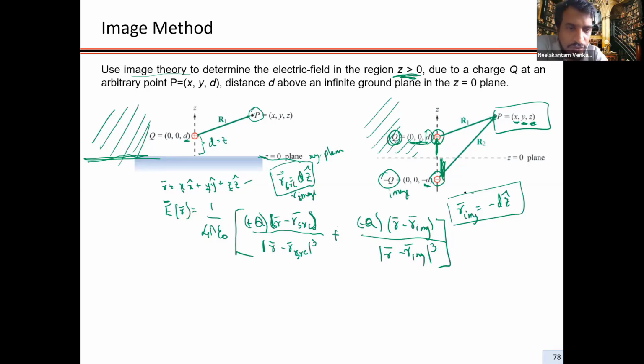So you can go ahead and substitute your R image in here. You can go ahead and substitute your R in here, and you can reduce that.